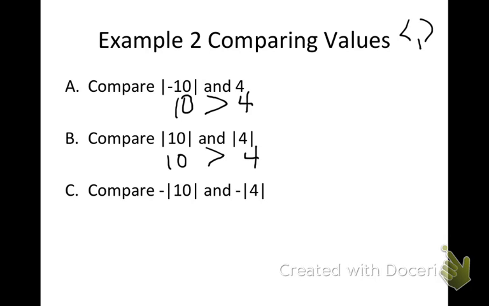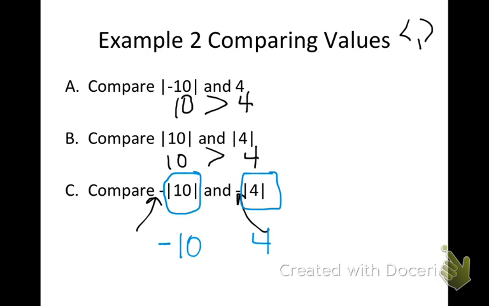Now, I've kind of tricked you here. So notice the negative signs are on the outside. So let's first take the absolute value. So let's first look at just the absolute values of these two. I still have the absolute value of 10 is 10. The absolute value of 4 is 4. But the negative just hangs out on the outside, so I'm just going to put them back on the outside.